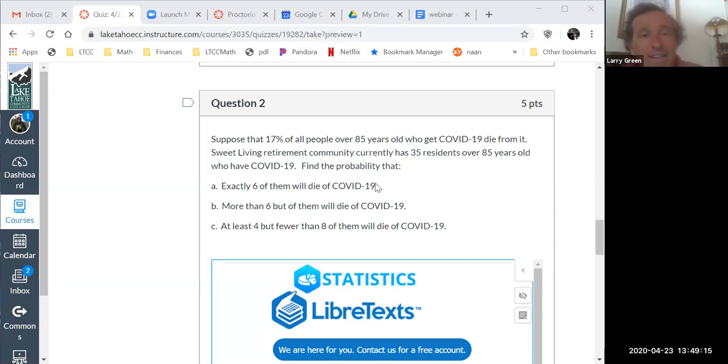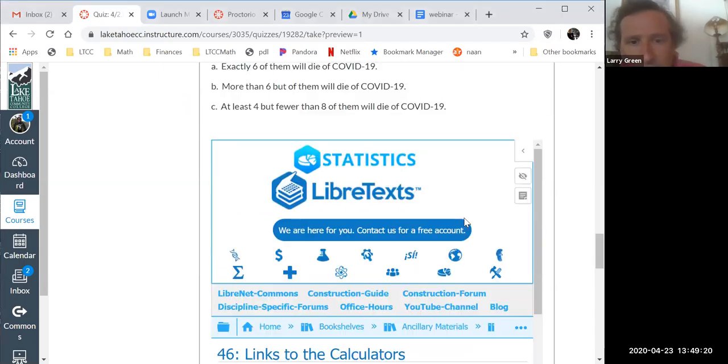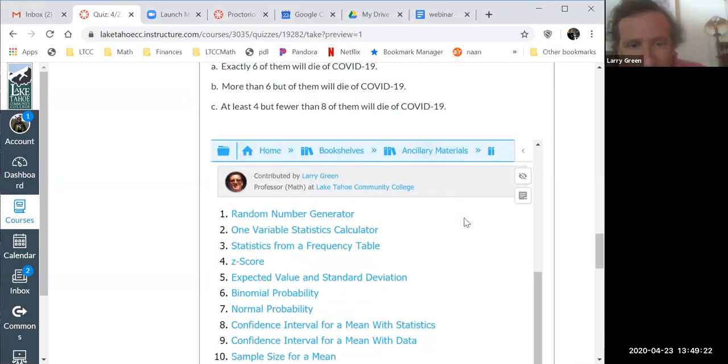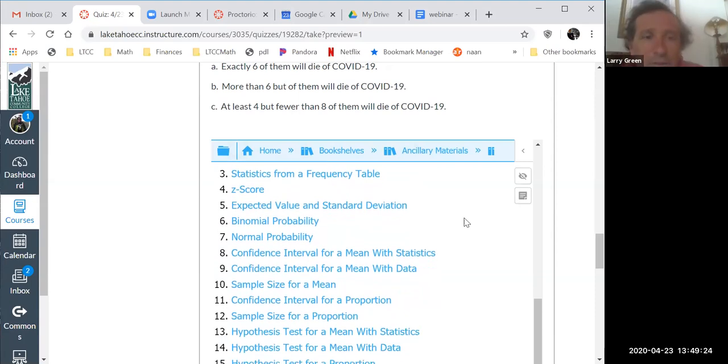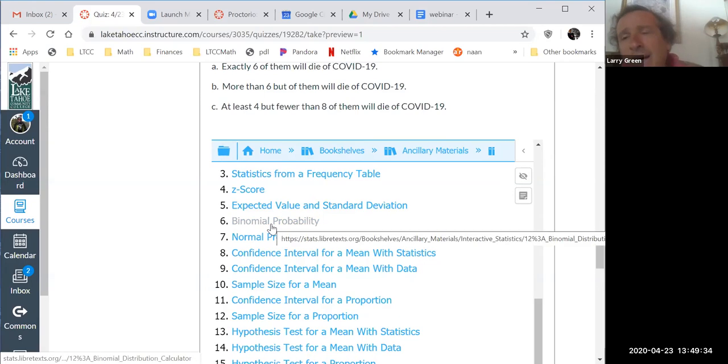Okay, so now let's do part A. Exactly 6 of them will die. So now I'm going to go here. And which one do I need now? Yes, this is a binomial. By the way, did anyone successfully do this?